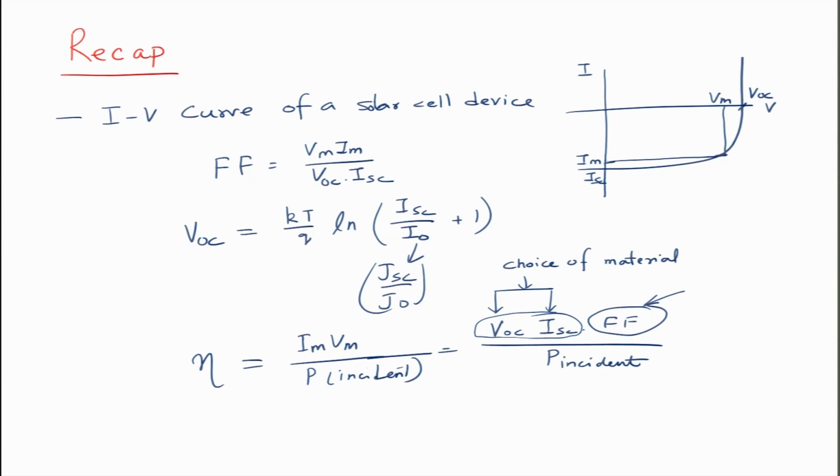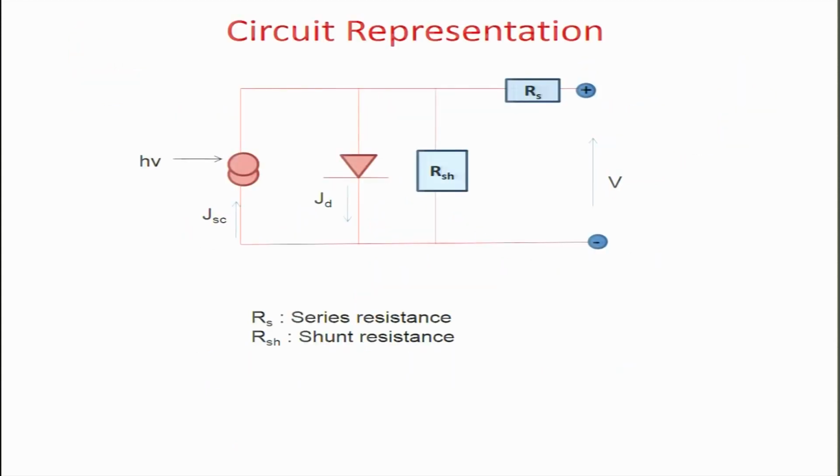Now, what leads to maximization of these parameters in these devices? Let us see that. So, solar cells are often represented by an electrical circuit. An ideal solar cell would be where there is no parasitic resistance. So, an ideal solar cell would be drawn something like this.